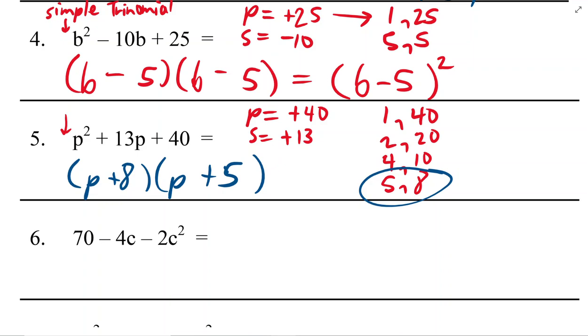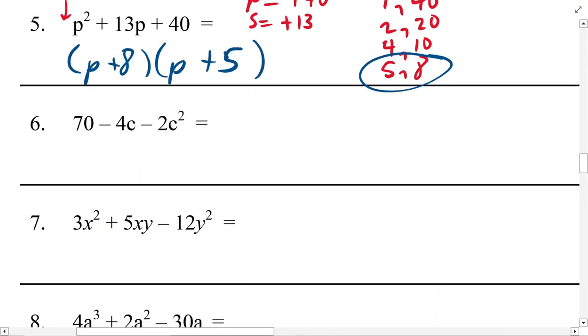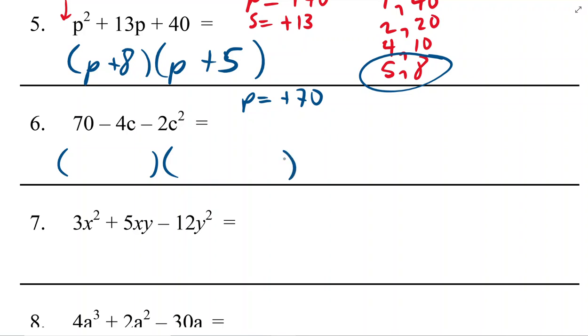So the next one's tougher. This is where it's kind of reversed a little bit. You got to think it through. So what does your product equal? Plus 70. So what numbers multiply to 70? And your sum equals negative 4. Although we got a little bit of work to do with that.